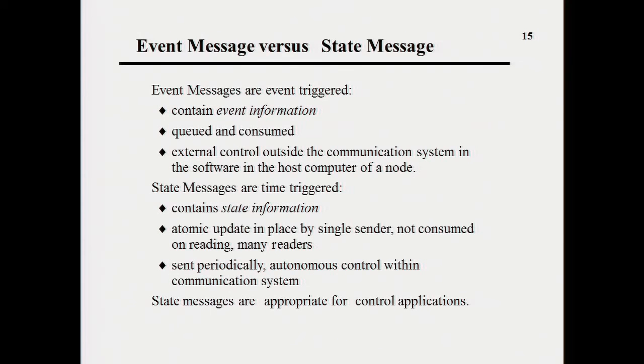So we said before that state messages are intrinsic in the notion of synchronous, and event messages are intrinsic in the notion of event-driven communication. An event message contains event information, and is queued and consumed, so there must be a queue available at the computing node, so that every time something comes in, it goes into the queue.